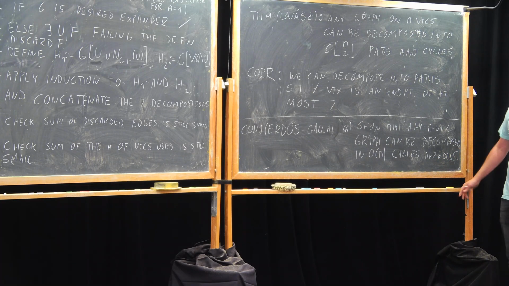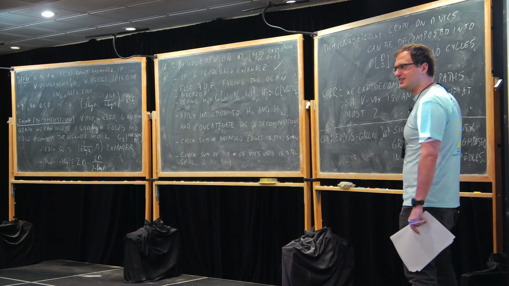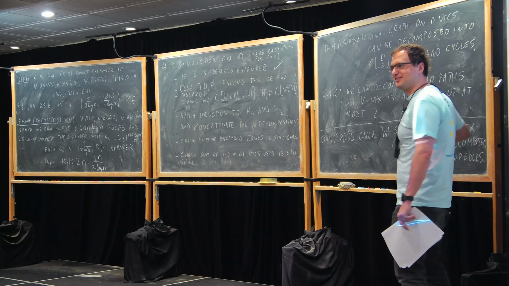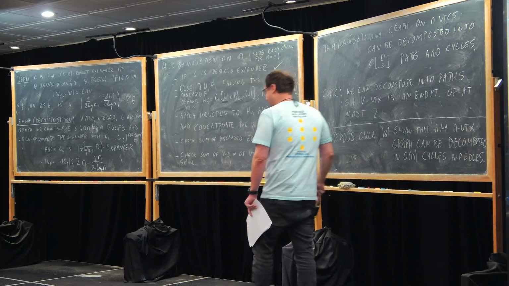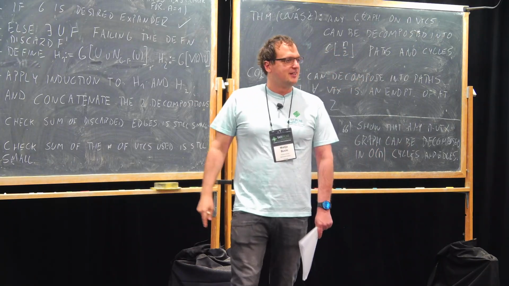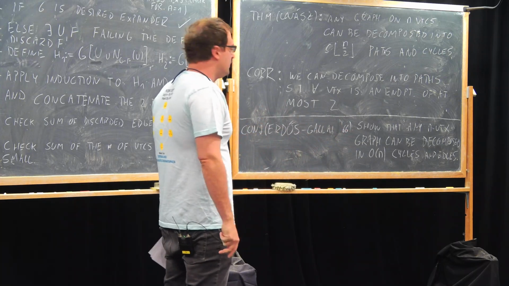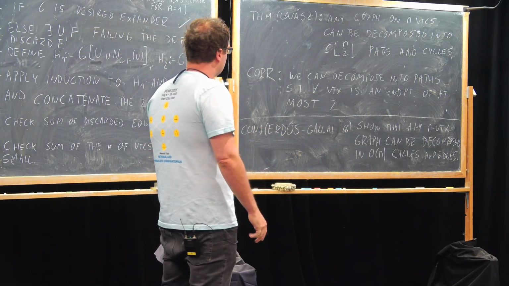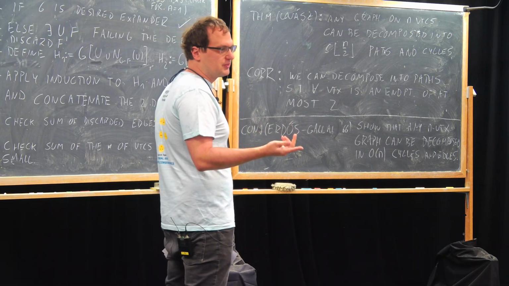So if you read it, they will just tell you decompose it into cycles, and then you wonder, wait, what if it's a forest, or what if it's a tree? How am I going to decompose it? And then you need to read that somewhere there is a comment that, for the purposes of this, they don't state it that way, but they treat edges as cycles of length 2. Precisely, if you don't have any cycles, you can't decompose. And actually, it's equivalent to saying that every graph with all even degrees can be decomposed into cycles.